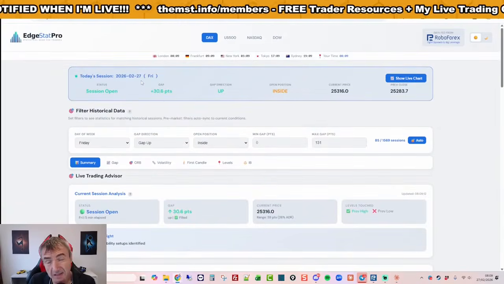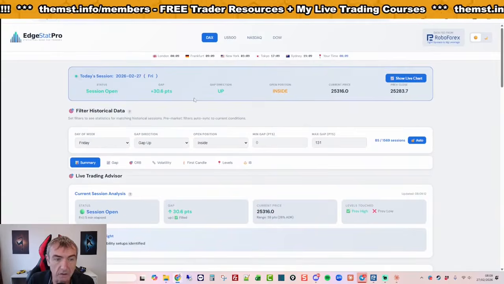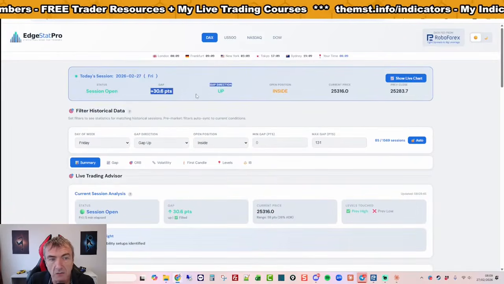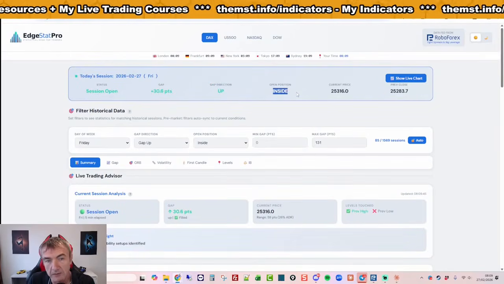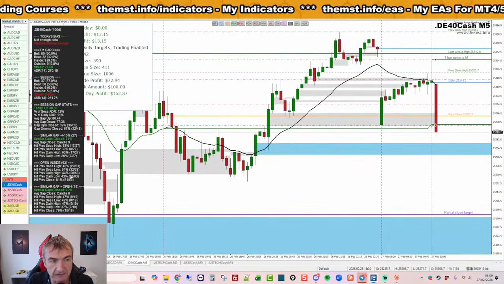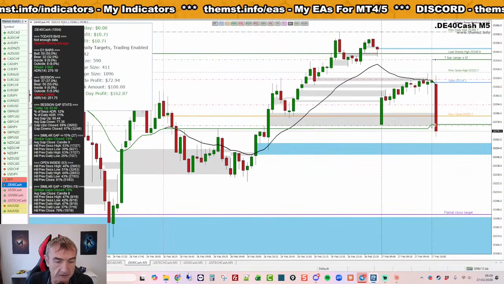And basically it's a statistical analysis website. So what it does is every day it automatically looks at where we are, whether we've got gap up, gap down, and whether we've opened inside or outside of previous range. So very similar to what the ISLA indicator does. Gives you all the session gap statistics, gap fill statistics, all that sort of stuff.